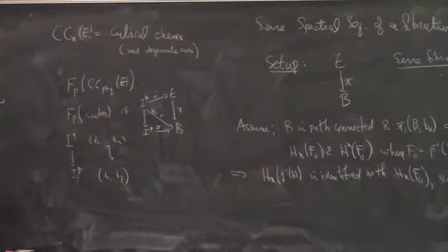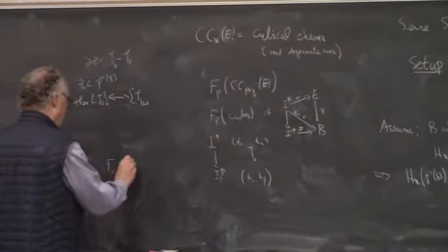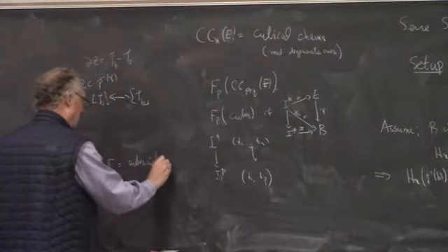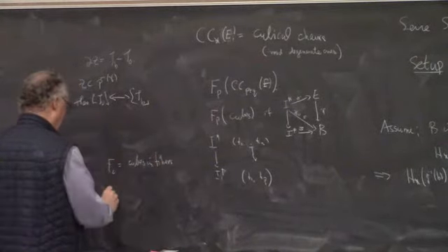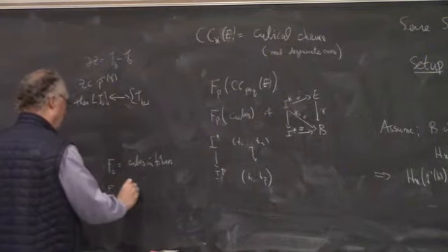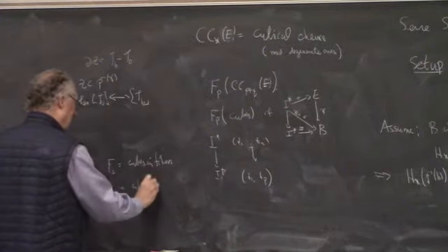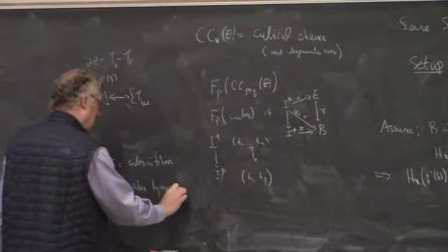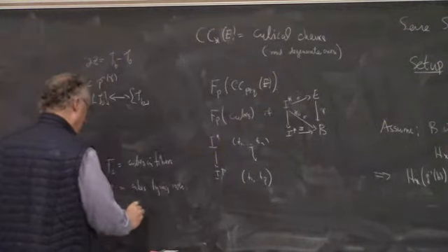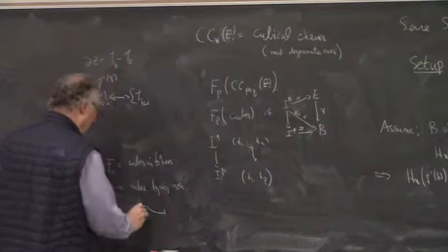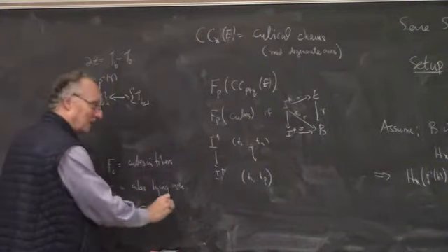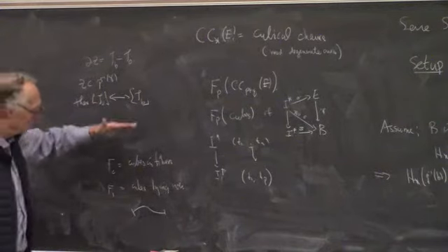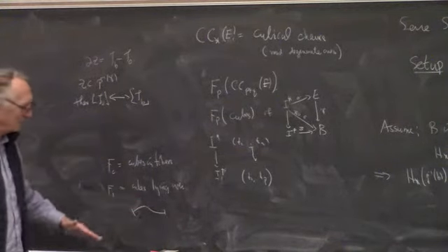So filtration level 0 of cubes, and filtration level 1 is cubes lying over intervals, which don't have to be embedded, but over intervals in the base, and the interval is the projection onto the first factor.